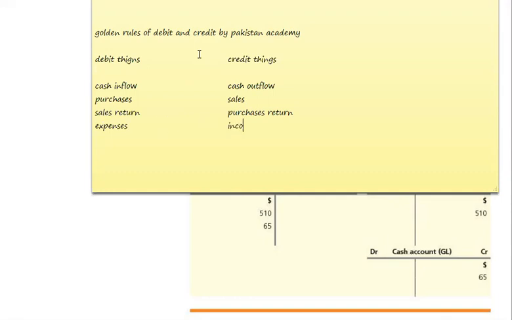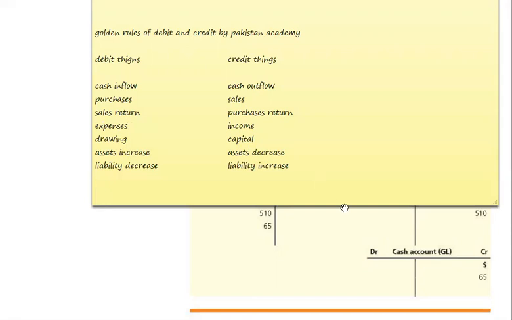Incomes are credit. Drawings are debit. Capital is credit. And the last thing: assets increase, debit; assets decrease, credit; liability decrease, debit; liability increase, credit.